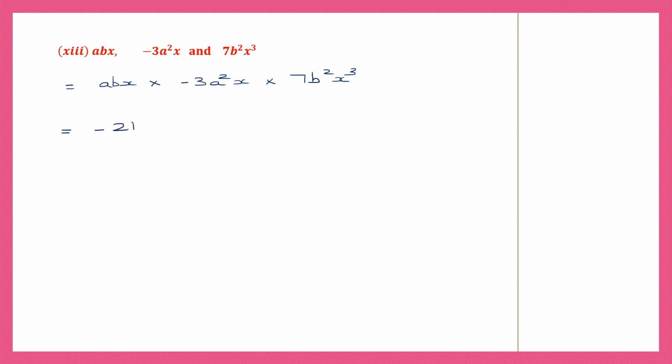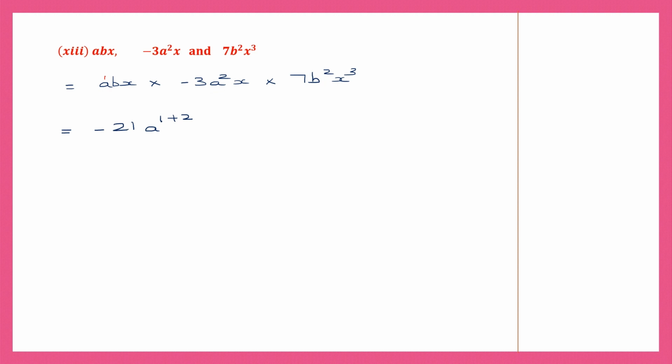Now let's take only the literals one by one. Here we have a, and that is to the power of 1. Now here we have a to the power of 2, and in the third term we don't have a. So a to the power of 1 plus 2. Okay, I'm going slow with this one. Then let's go on to b.